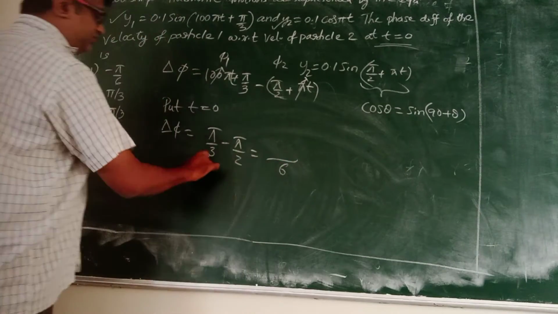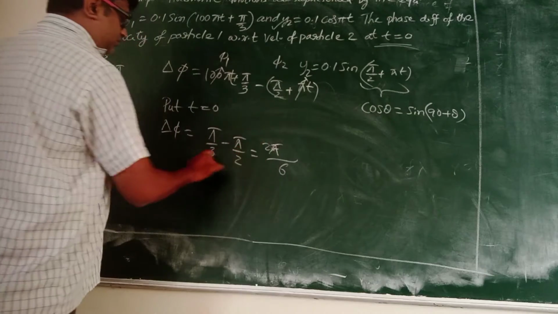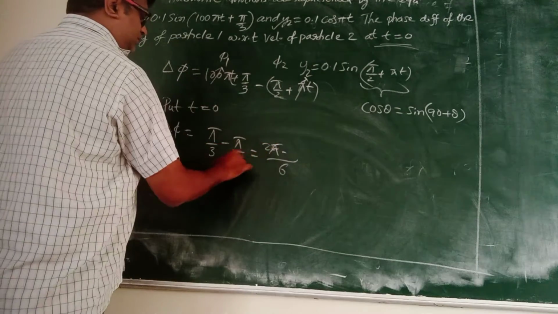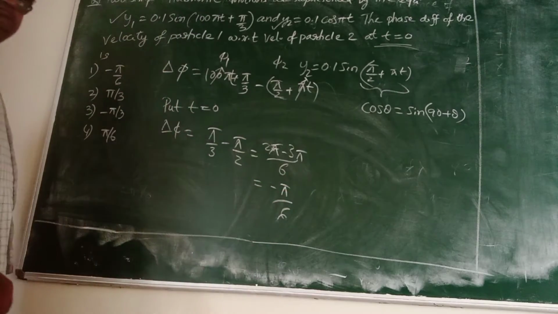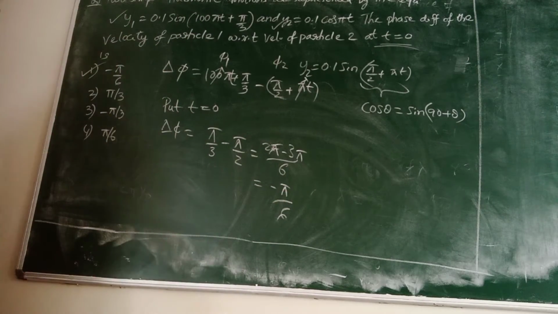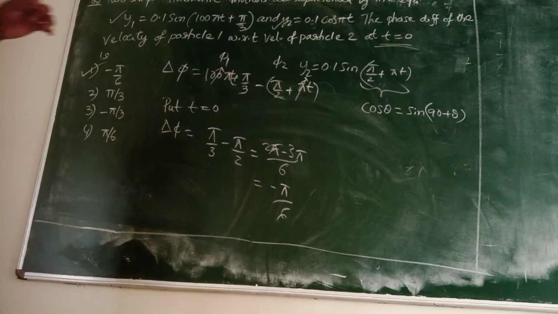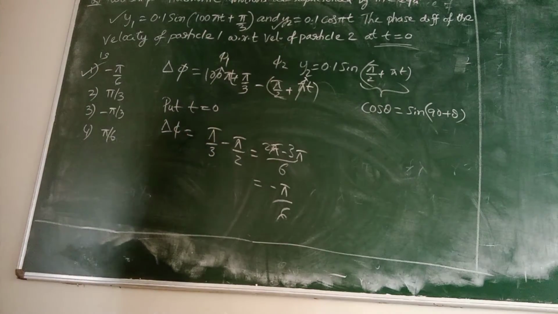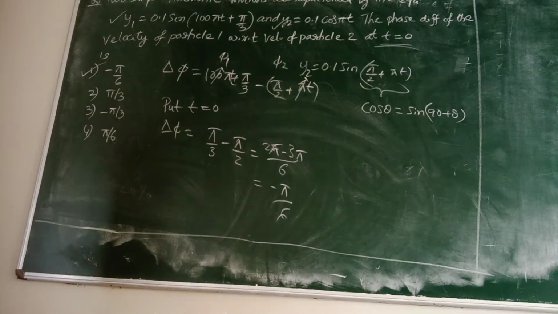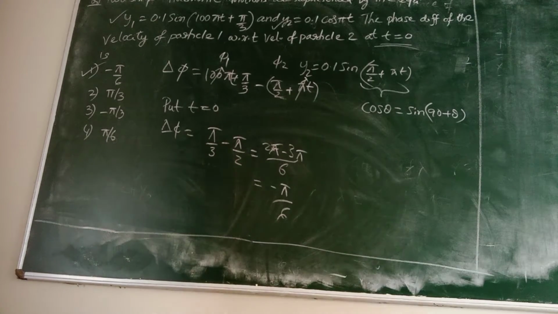So LCM 6, 3 2s are 6, 2 pi minus 3 pi. It is minus pi by 6. Option 1 is the right answer. So there is also a positive pi by 6. You should be a little careful, because he is asking you the phase difference of particle 1 with respect to particle 2. Particle 1 with respect to particle 2 means from the first particle phase you have to subtract the second particle phase.